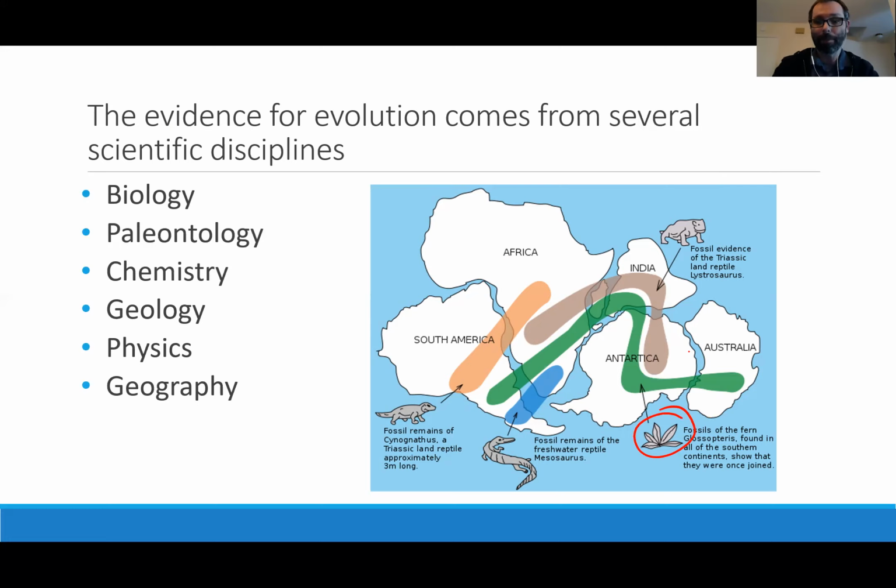Maybe you could argue that one of these animals could have swum across the ocean, which still doesn't really happen. But how is a fern going to do that? Well, it can't really do that unless everything was connected together, right?